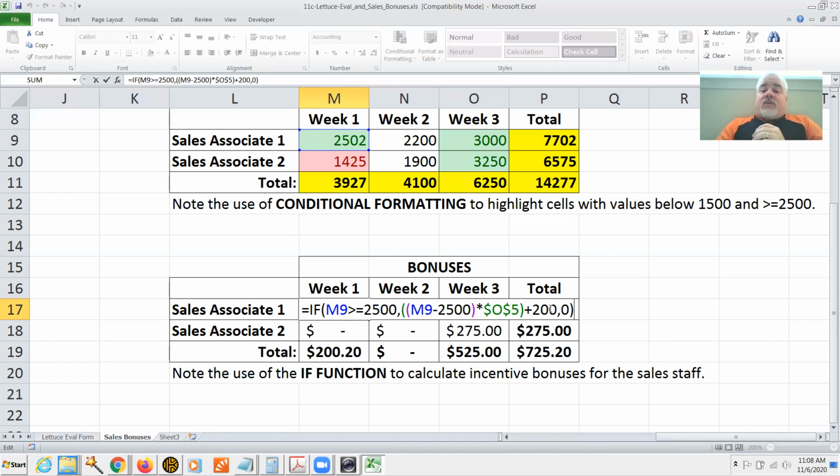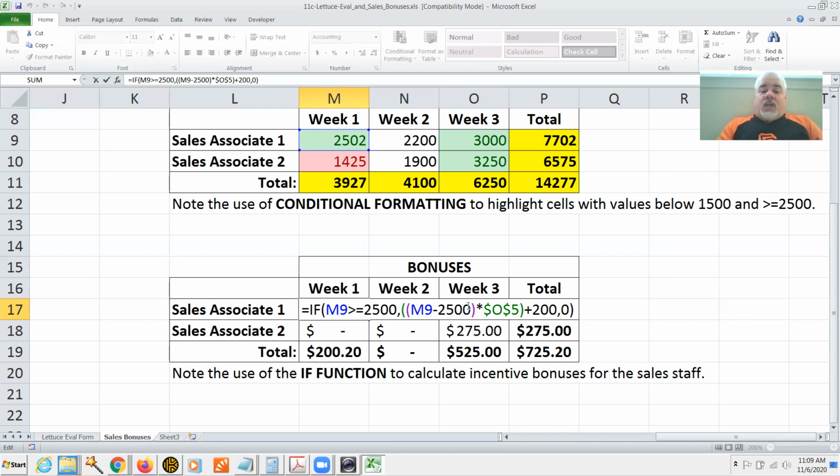I could leave that out and say, all right, you get 10 cents a unit, period, after your minimum. After your 1,500, I could just give you 10 cents per unit. There is no big bonus. It's all just incremental, 10 cents a piece after your 1,500. I can create anything I want.